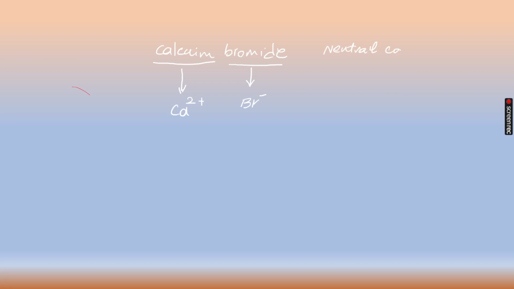Neutral compound means the compound without any charge. If you wrote CaBr, it is not correct because Ca is 2 positive and Br is -1. 2 positive plus -1 can create +1.